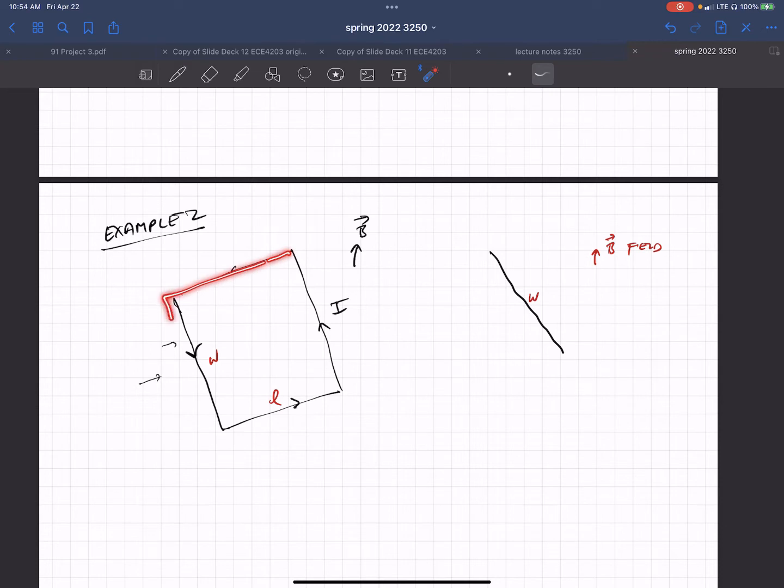If I think about the screen as two-dimensional, this width is coming out of the screen, and L would be that way. Okay. So let's see, what else do I want to say about this? The current's moving around. So in any one of these places, you want to think about these little dLs.